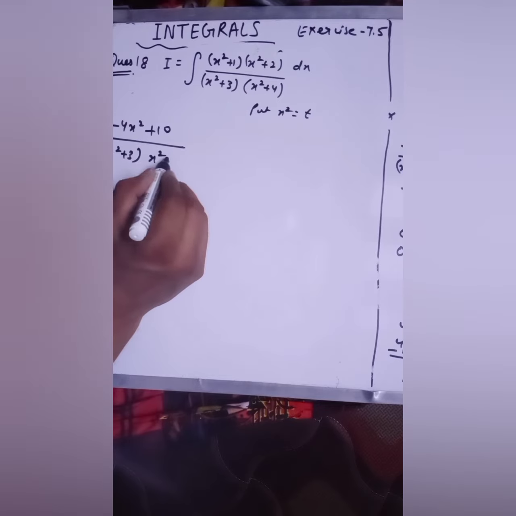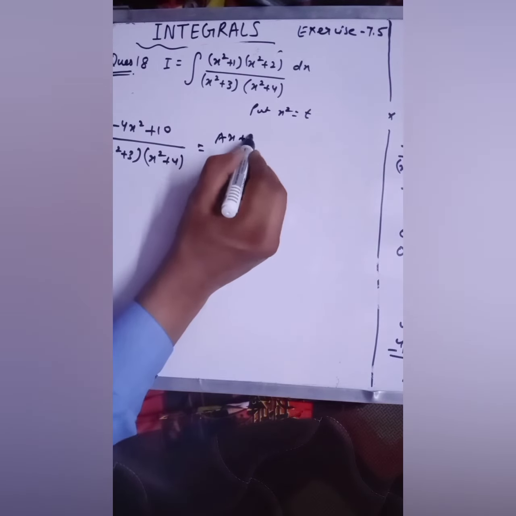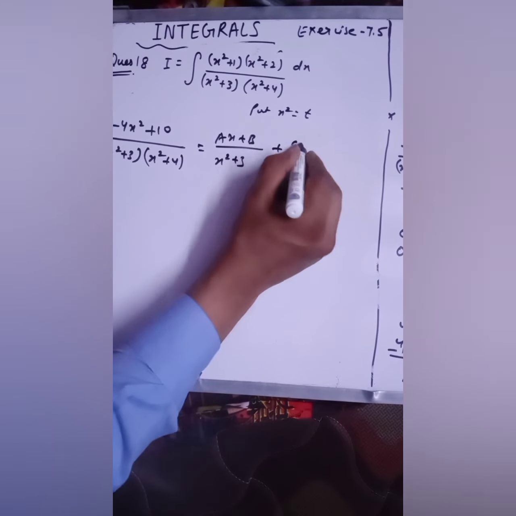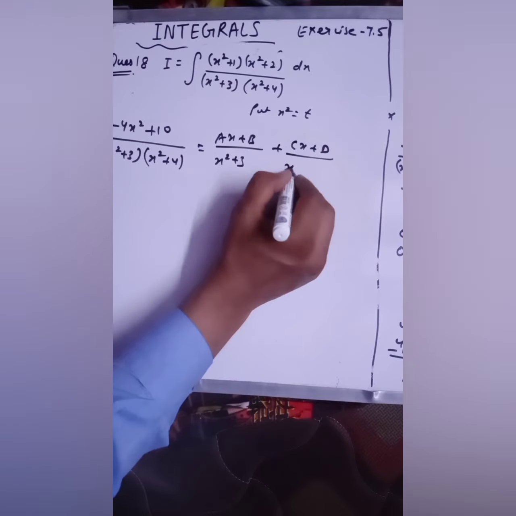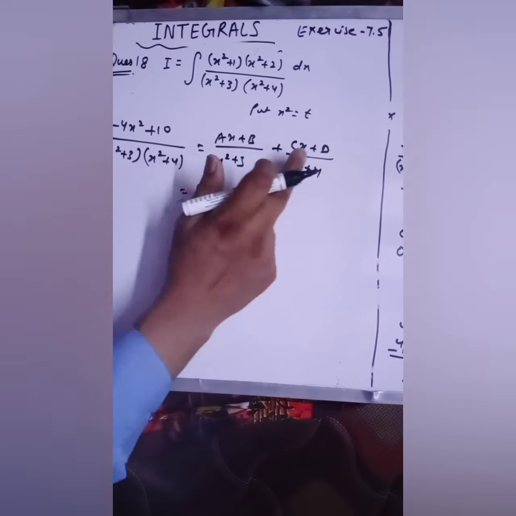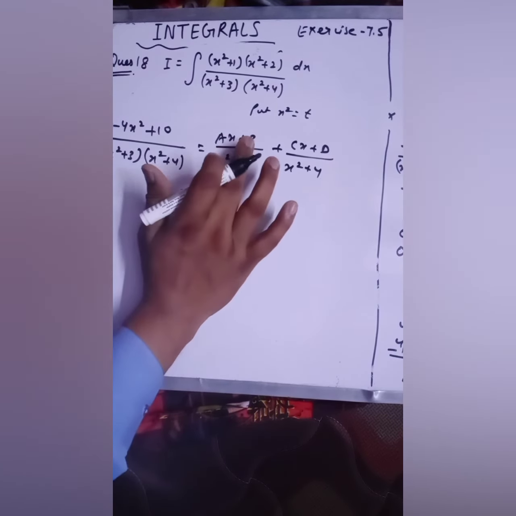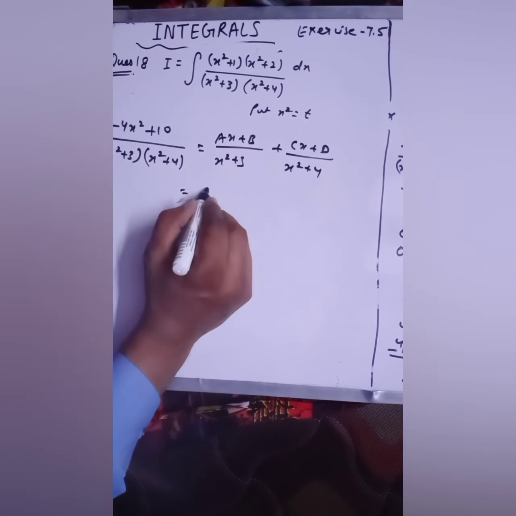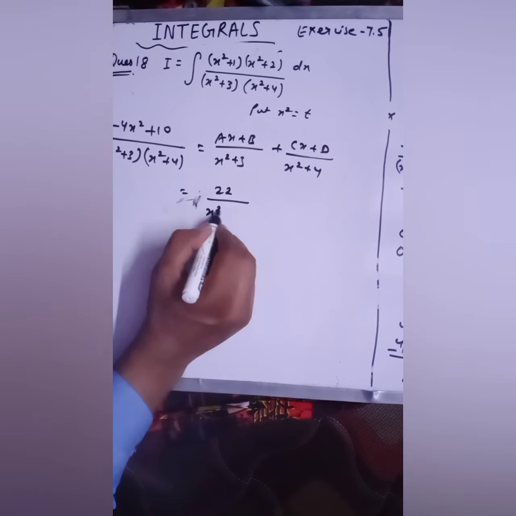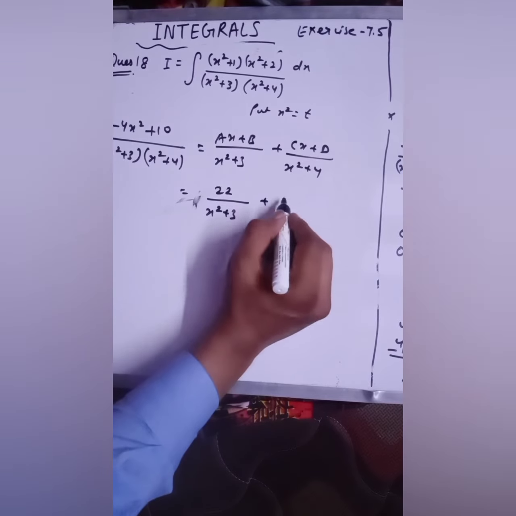Okay, children, so please concentrate. Here, this was your equation. So I'm writing the full equation here. Just put the value of a, b, c, and d. So your a was 0, your b was 22. So 0 plus 22, so it will be 22. 22 over x square plus 3. Similarly, your c is 0, and your d was minus 26.